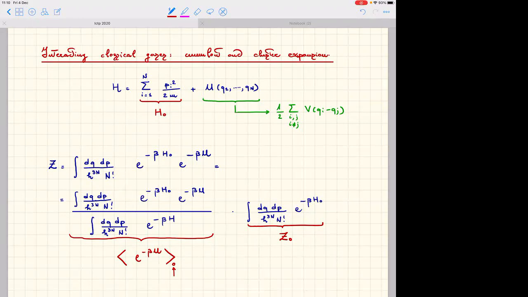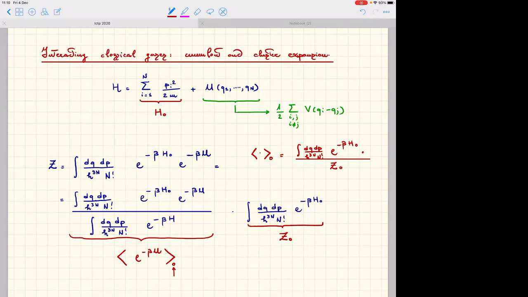Sorry, I do not understand what you just wrote. What does it mean to average something with respect to the non-interacting Hamiltonian? It means to calculate dq dp over h to the 3N N factorial e to the minus beta H naught times this something, and then you have to normalize this by Z naught.